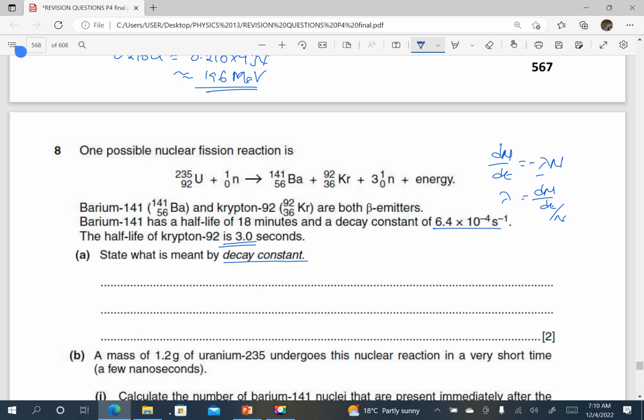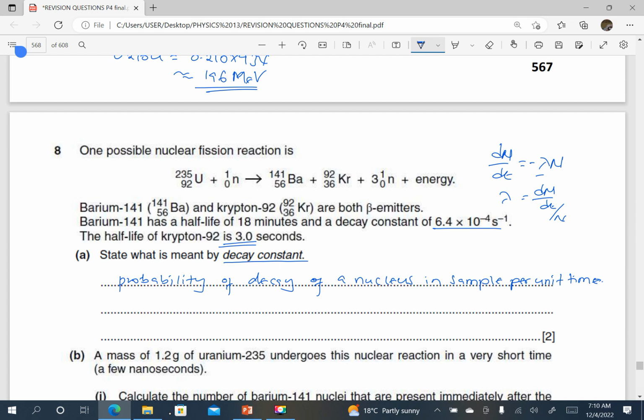So we can simply define the decay constant as the probability of decay of a nucleus in a given sample per unit time.